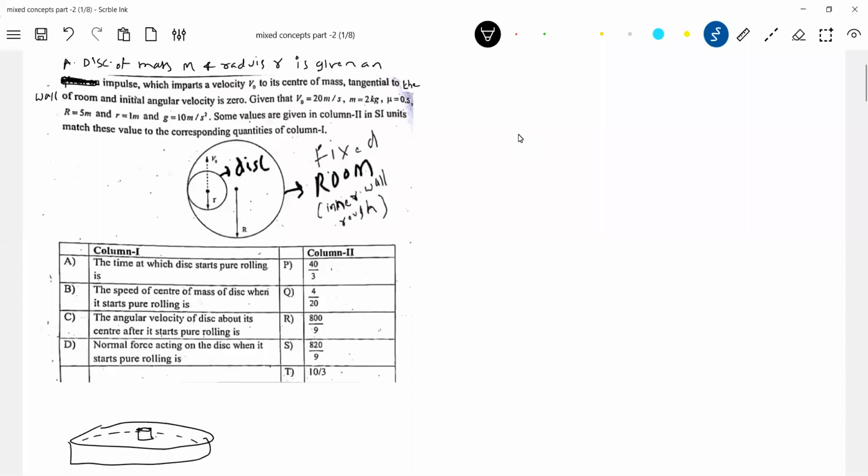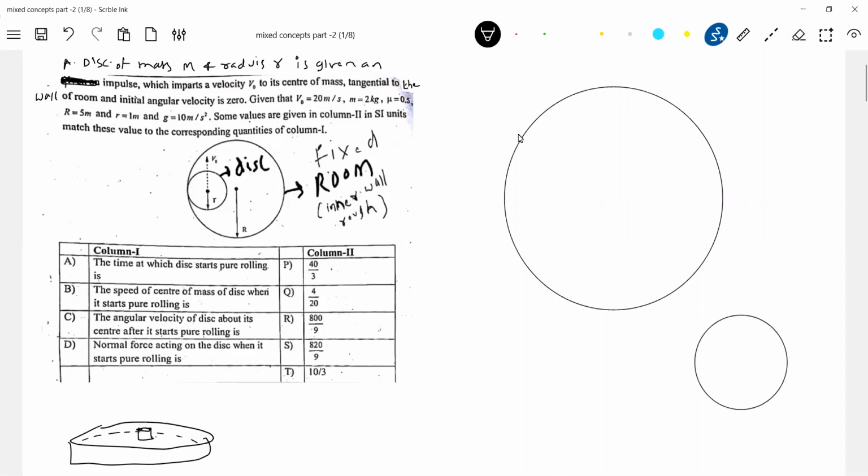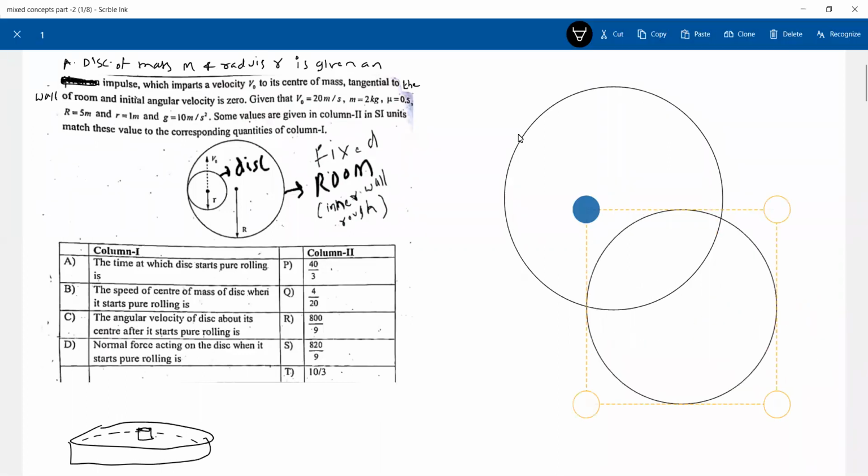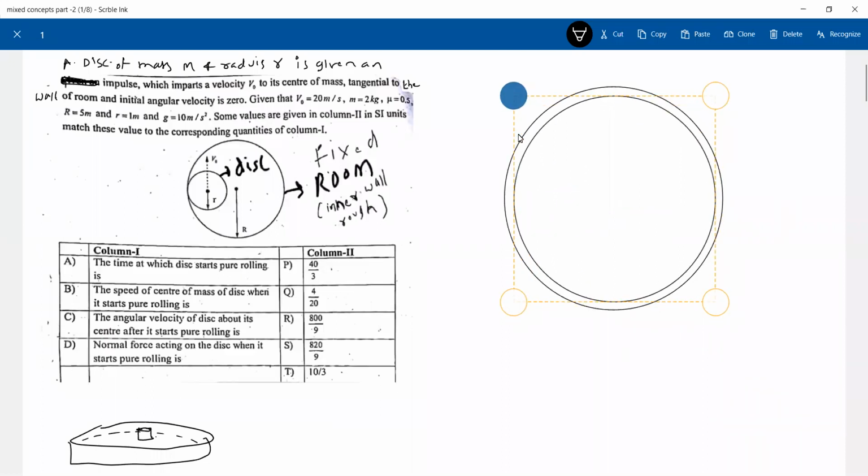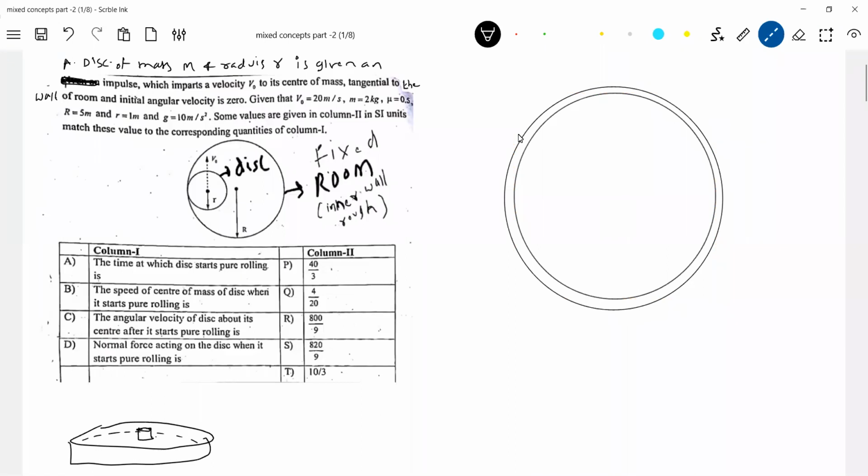I think I can best help you with a diagram. Inner wall, outer wall, both will come.